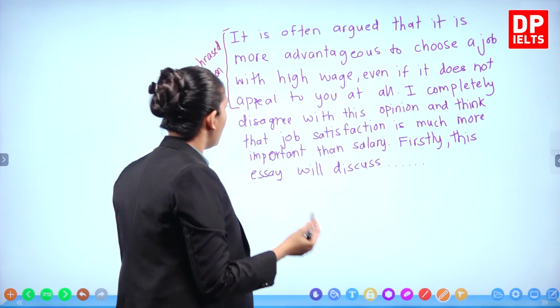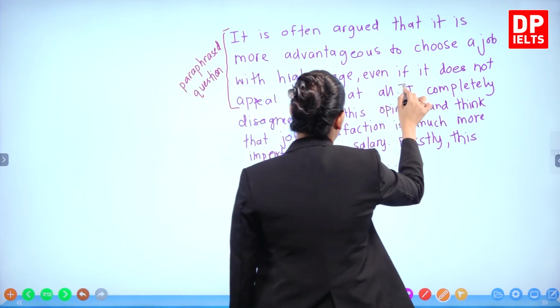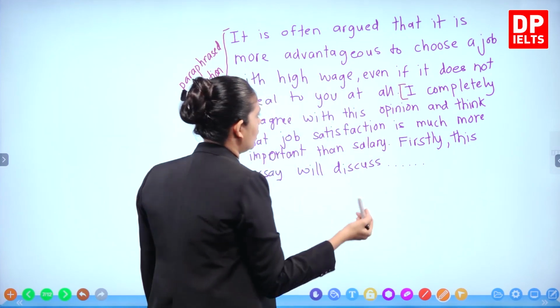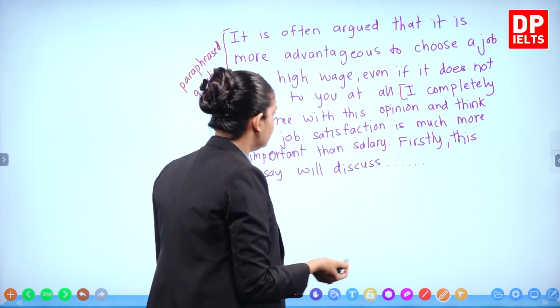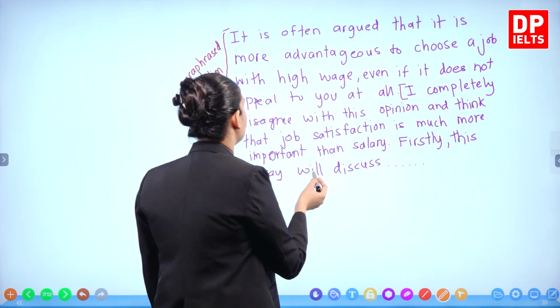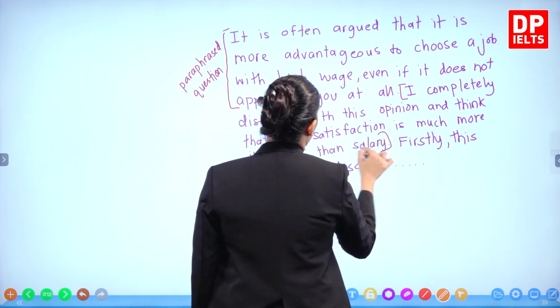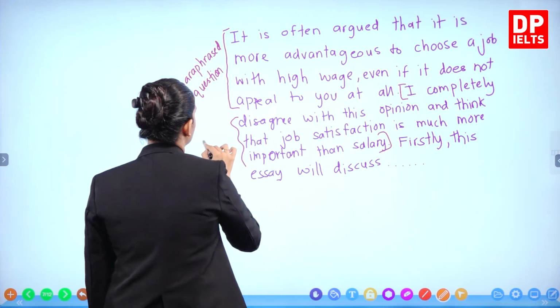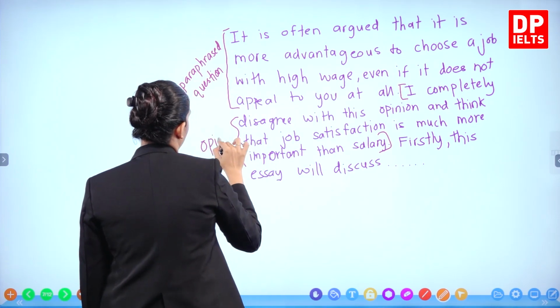Then I completely disagree with this opinion and think that job satisfaction is far more important than a salary. So this bit here talks about your opinion.